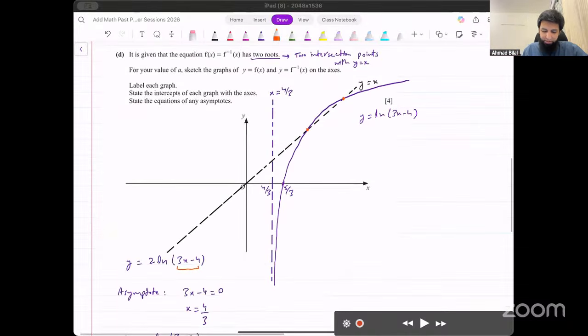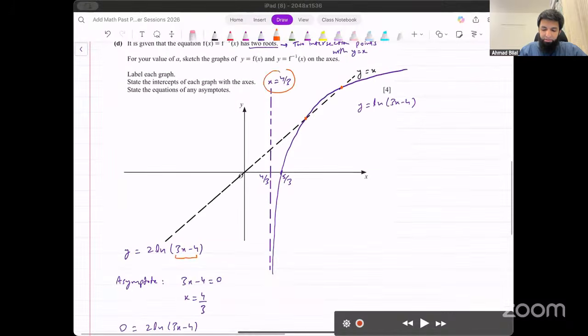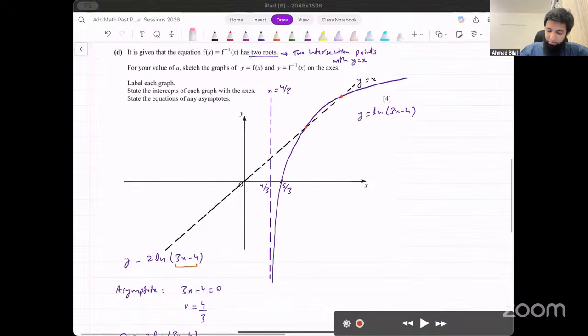Or you could also say, since it's the inverse of this, if the log graph has this asymptote, the exponential graph is just going to have the same asymptote with y being equal to 4 over 3. So you can draw that line now, y equal to 4 over 3. Now, where is that line going to be?